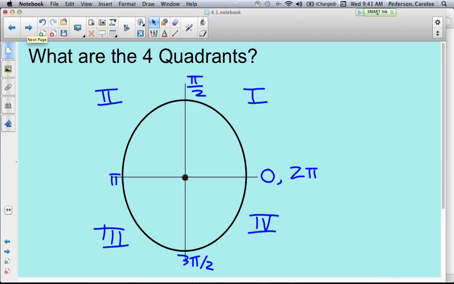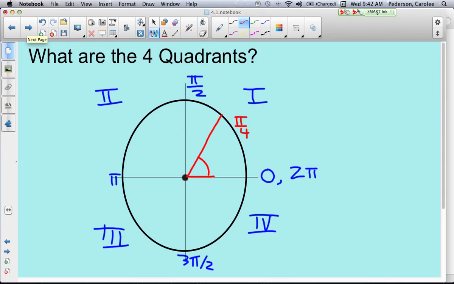I'm just going to graph a couple more. Let's say I want to go to this angle right here, halfway between 0 and pi over 2. What angle would that be? Halfway between 0 and pi over 2 would be pi over 4.